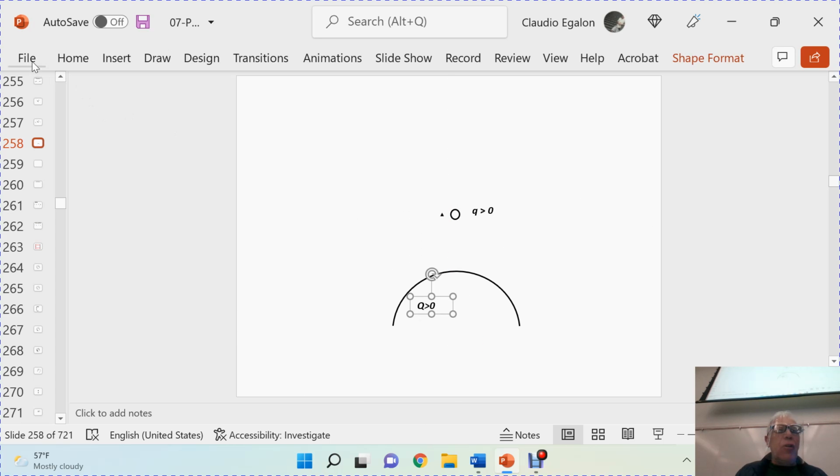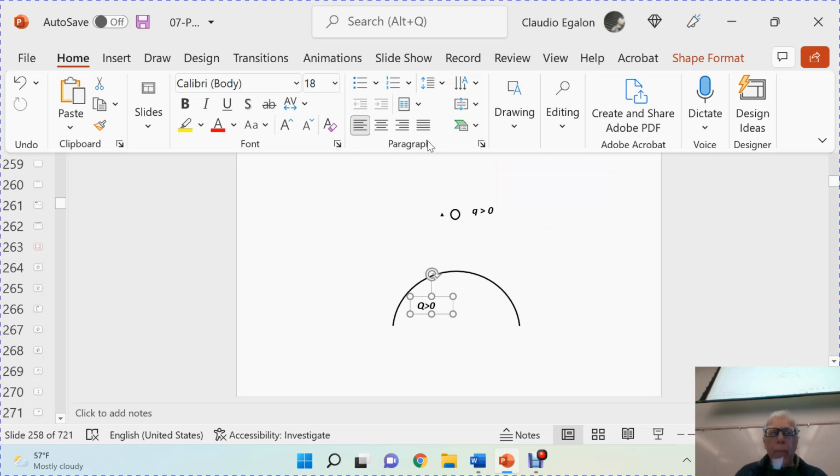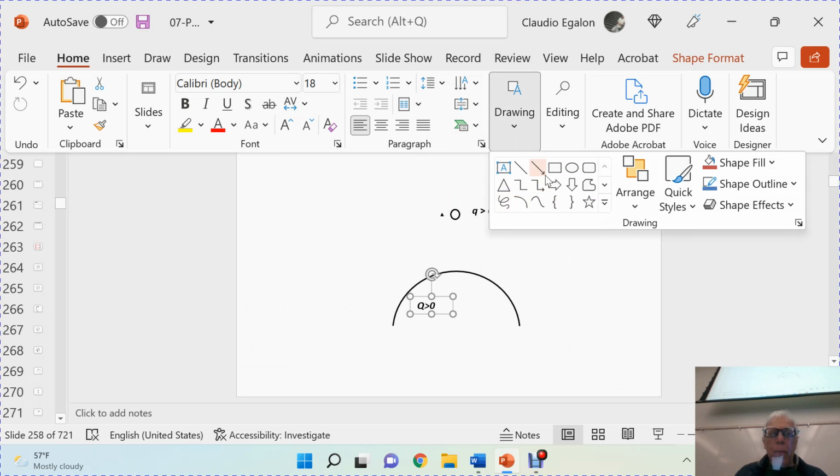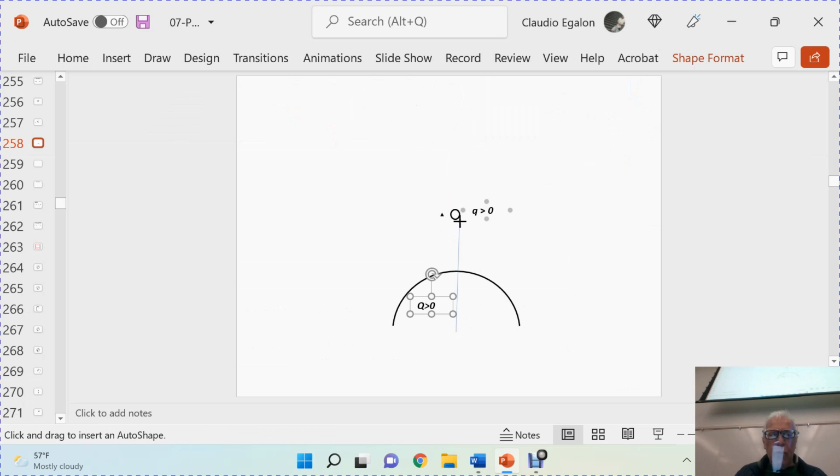I'm gonna put an initial vector position. We don't even have to put a sign to the charges, okay? Let's do that without a sign, so we can do it in the most generic way.